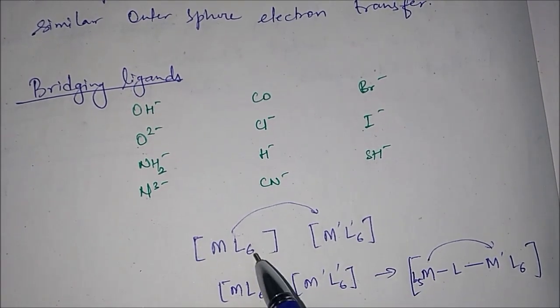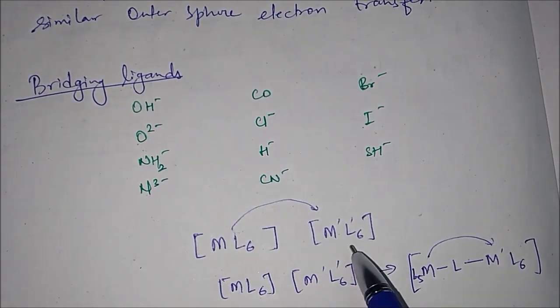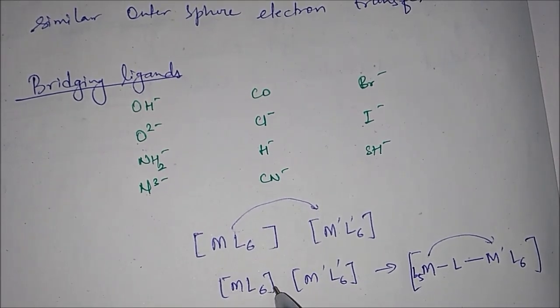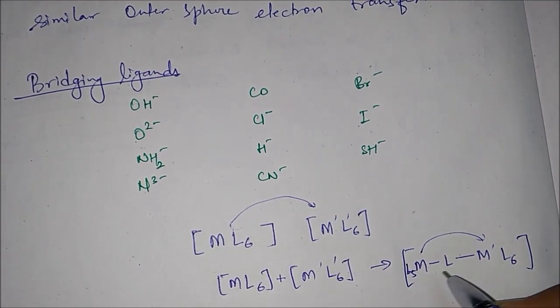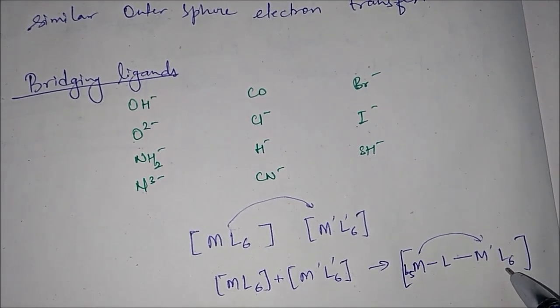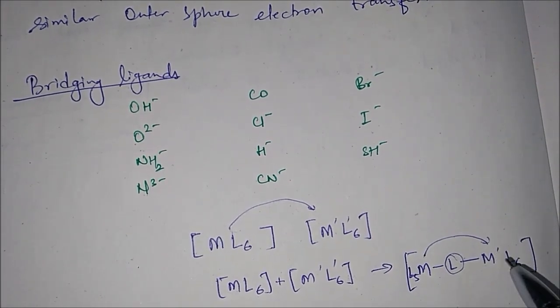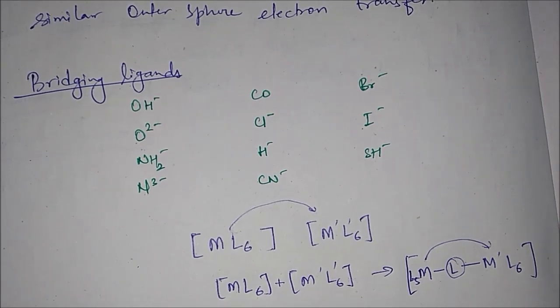But here, when the electron transfer will take place, the two complexes will come inside a single sphere, and this will happen due to this bridging ligand. So the presence of a bridging ligand is very important in order to perform an inner sphere electron transfer mechanism.